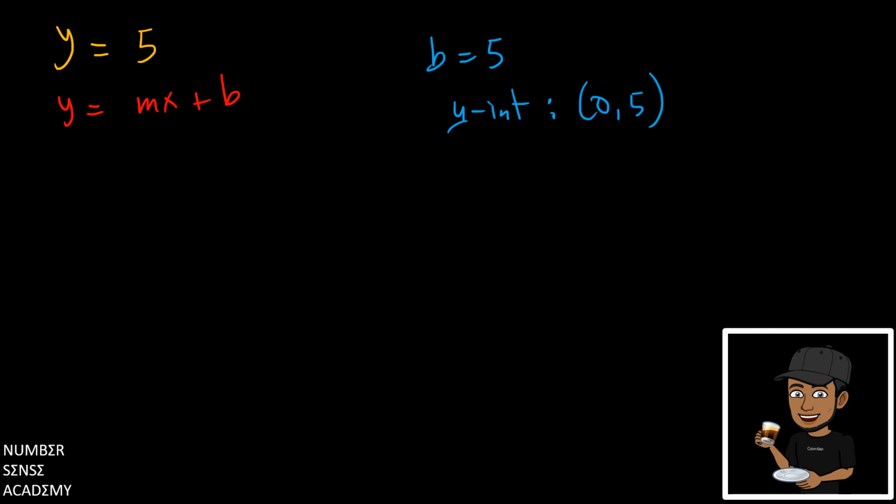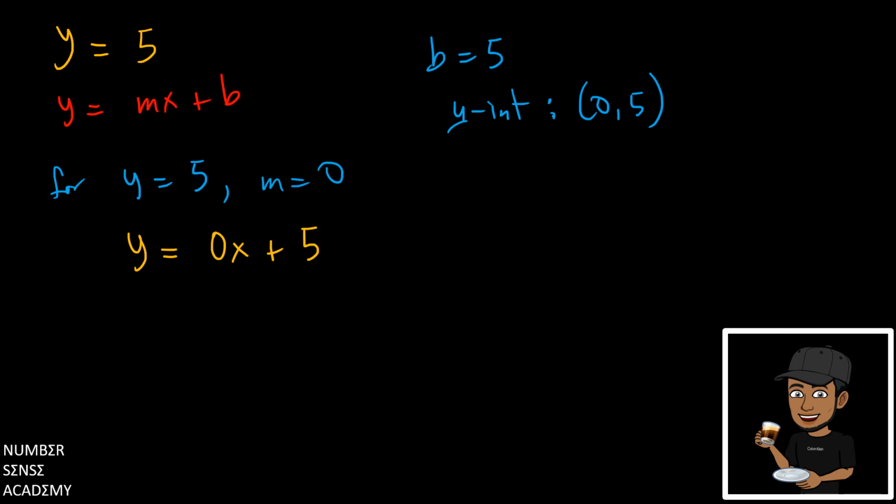What this is telling me, if I only have the y-intercept, is that m is equal to 0. So for y equals 5, m is equal to 0. And remember that m is always attached to the x. So I could write this y equals 5 as y is equal to 0x plus 5.